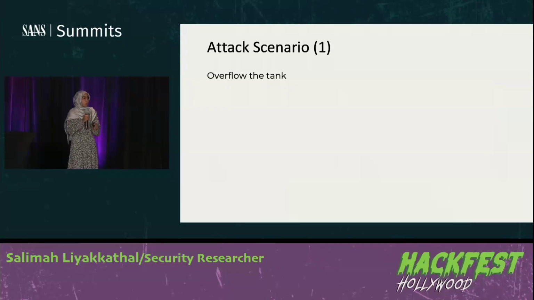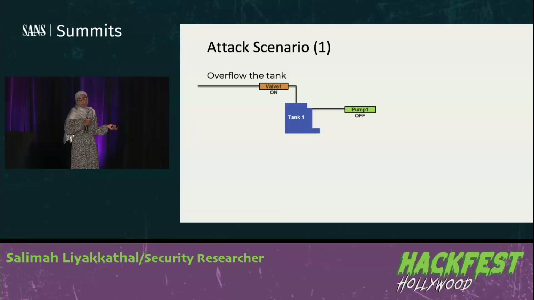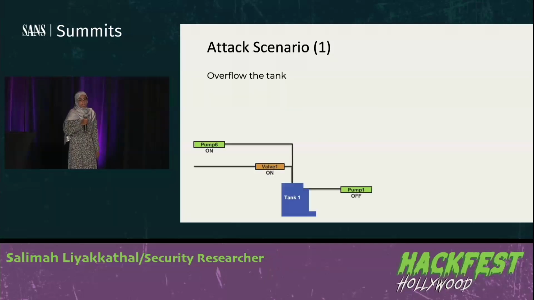There are a few ways to overflow the tank. Based on the diagram that I shared earlier from the process, one way is to turn on the valve and turn off pump 1. This will cause the water level to slowly rise, reach the brim, overspill, and possibly flood. Secondly, you could turn on pump 6, turn on valve 1, and close pump 1.